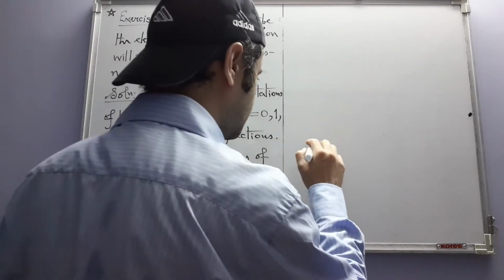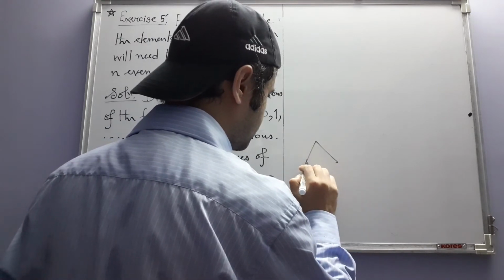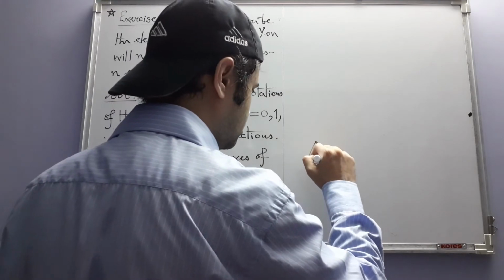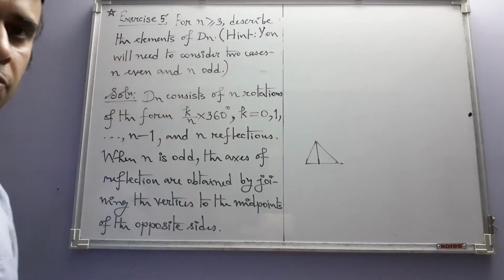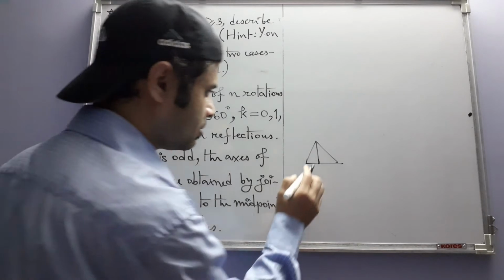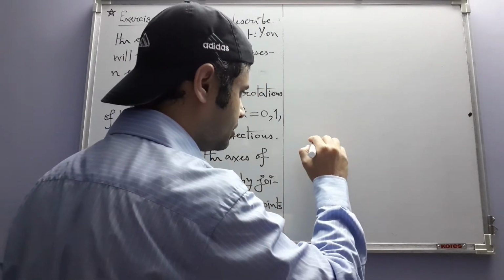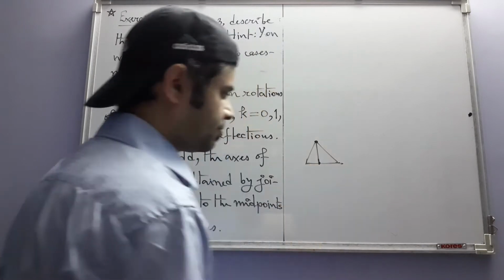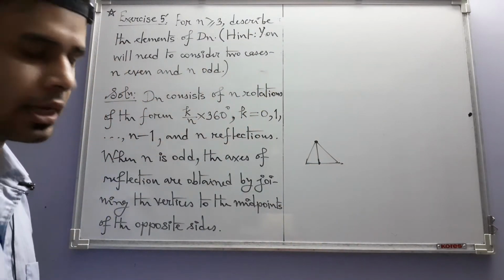For example, if you have a triangle, then this is an axis of reflection. You can flip like this, which is obtained by joining this vertex with the midpoint of the opposite side.